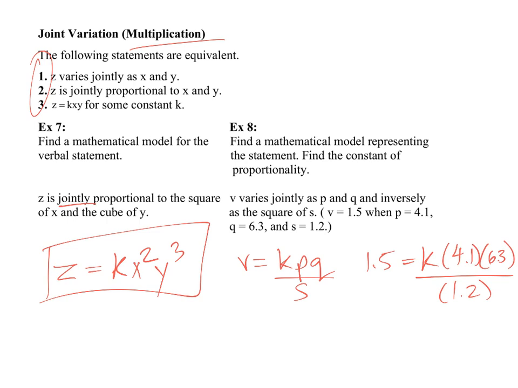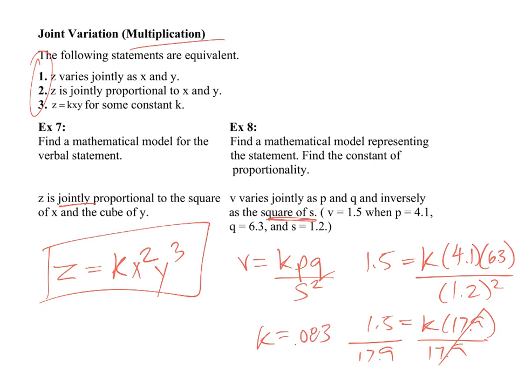Oh, and I'm missing something. They said the square of S, so don't forget to square it. Then I end up with 1.5 equals k times 17.9. So divide by 17.9. And for k, I get 0.083. And that's all I have to do, because what did they ask me to do here? Find the constant of proportionality. The constant's k. Got it.